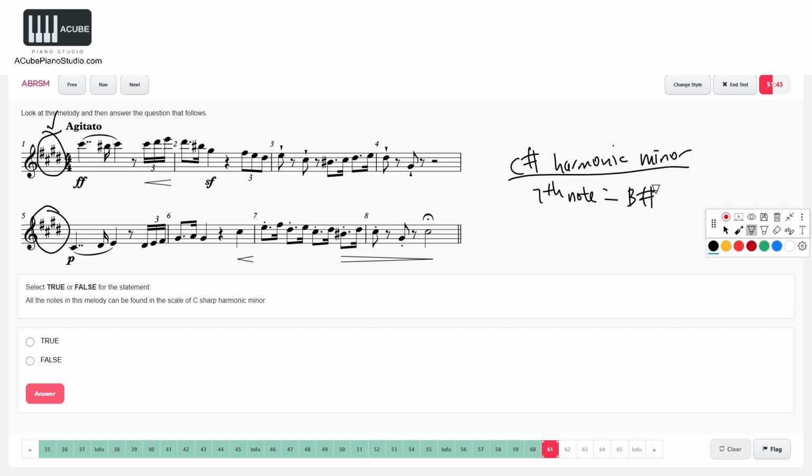So I just need to check that there's no B natural. Yes, it's true because I do not see any B without a sharp. All the B's have a sharp. So the answer is true for this question.